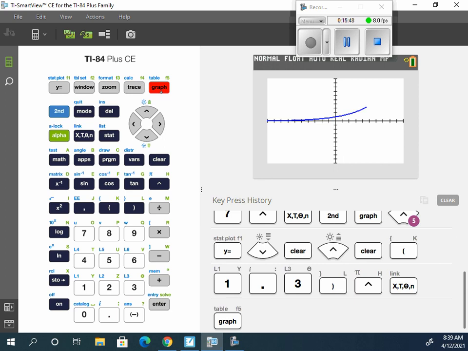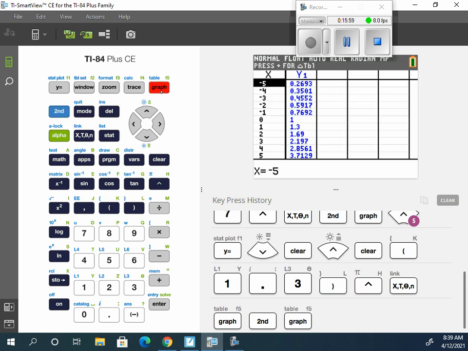And when I graph this here, okay, it is a growth. It has that upward increase that's increasing faster and faster. Second, table. So we see at 0 it is 1 still, and at 1 it's 1.3.